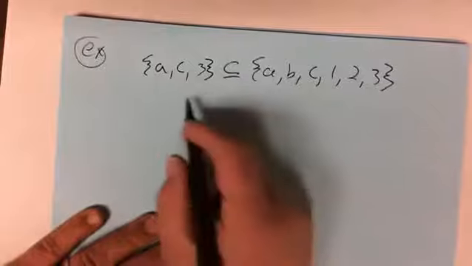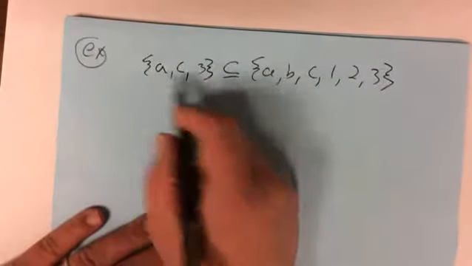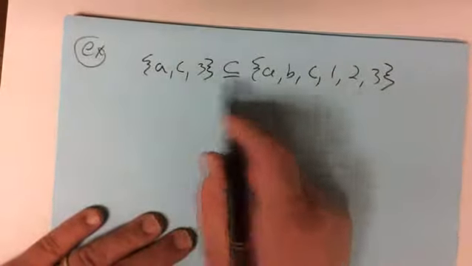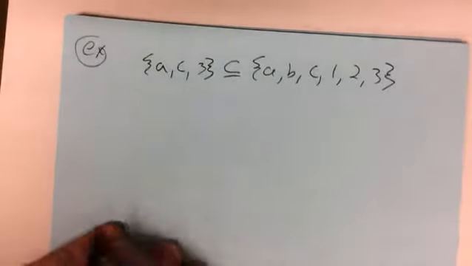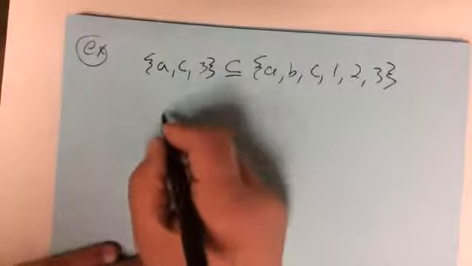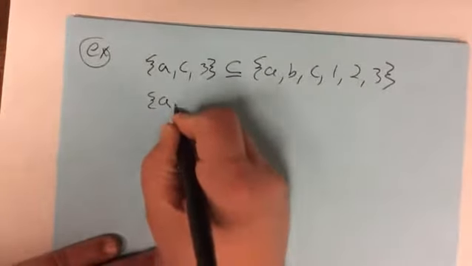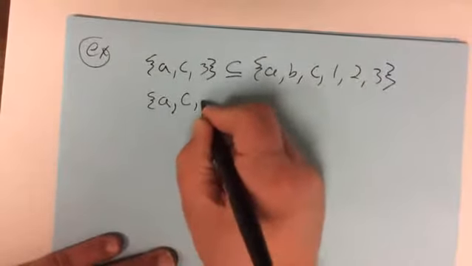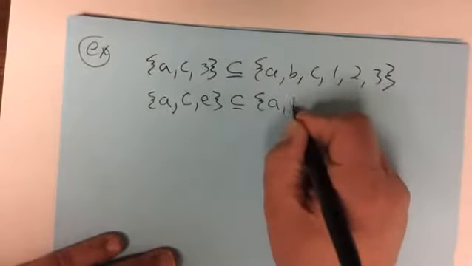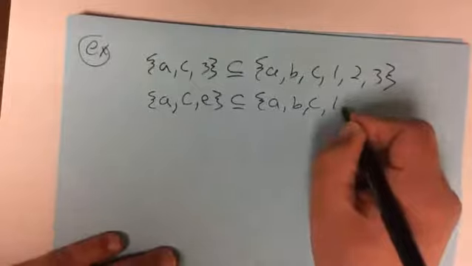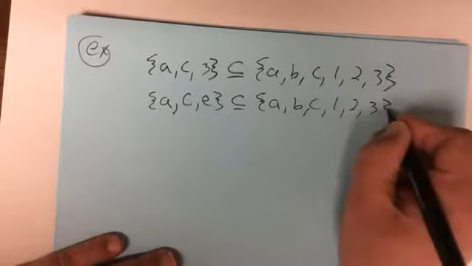The answer is yes, it is a subset, because A is contained there, C is contained there, and 3 is contained there. So that would be true.